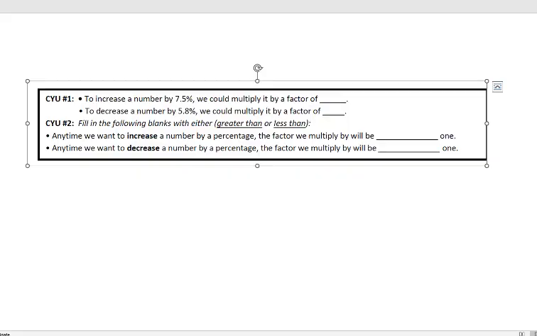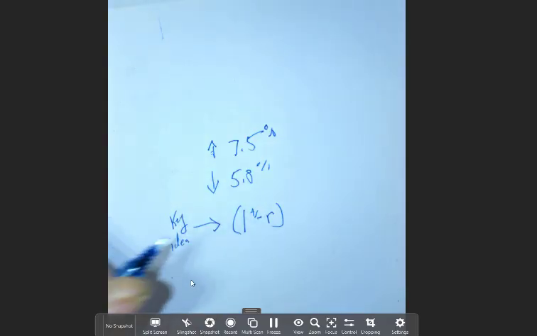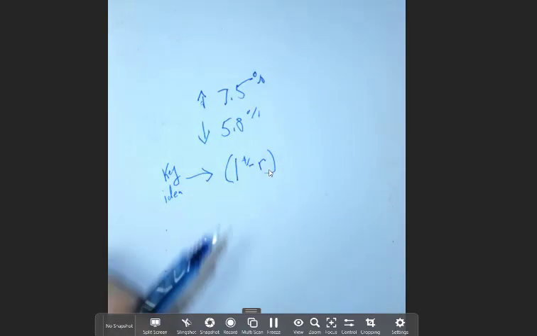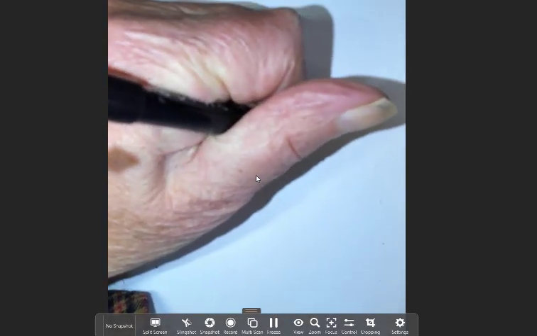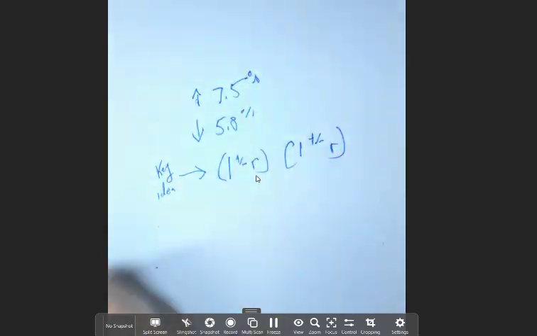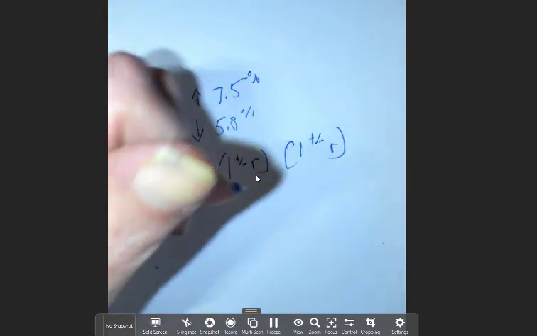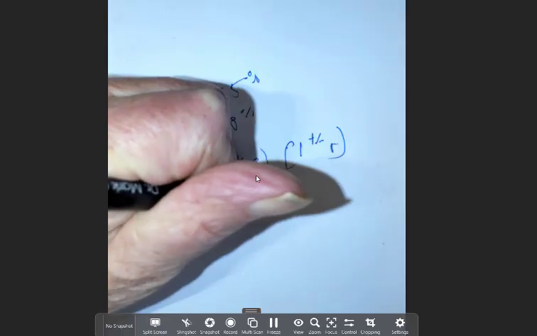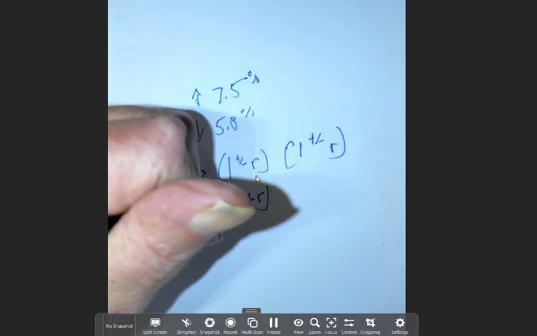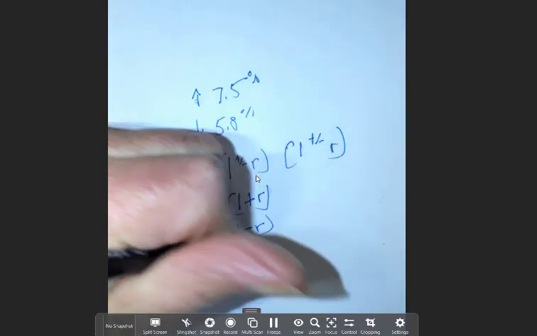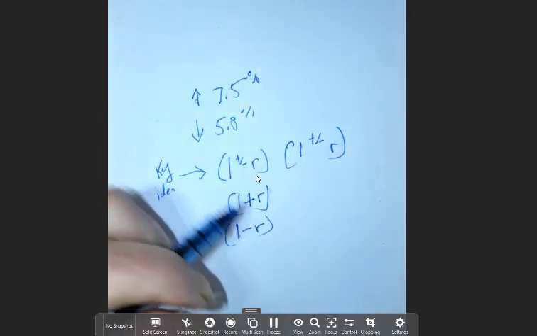Well, let's look at this specific problem here. This is the key idea here: 1 plus or minus r. If you want to increase a number, it's 1 plus the percentage. If you want to decrease a number, it's 1 minus the percentage. The percentage, of course, is a decimal.